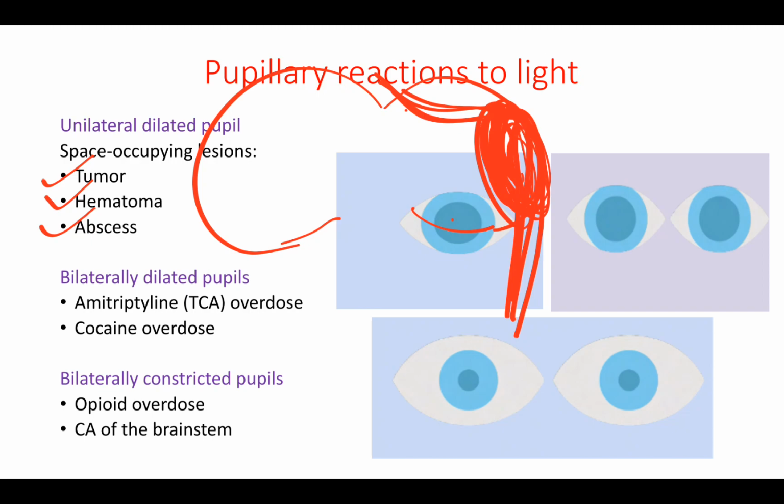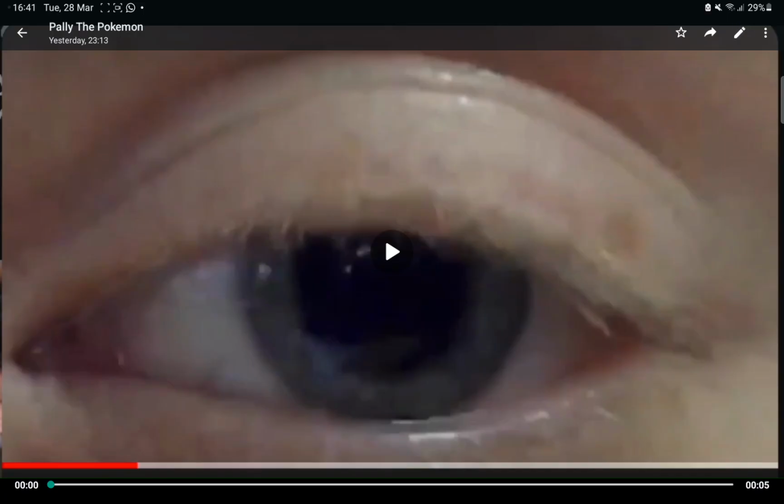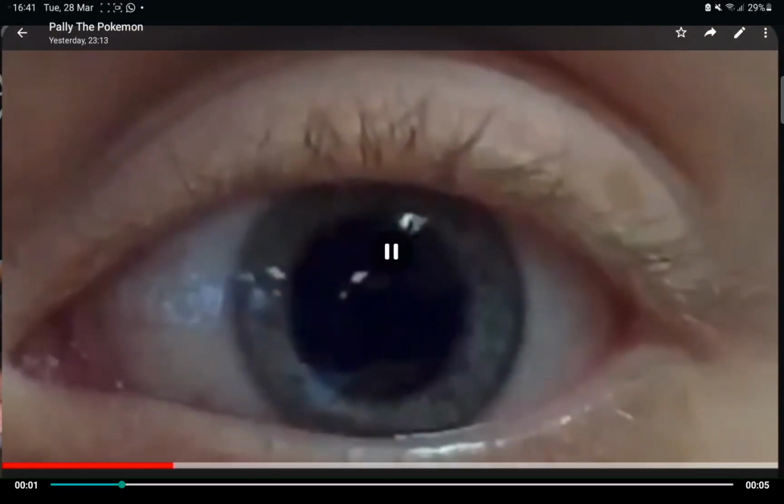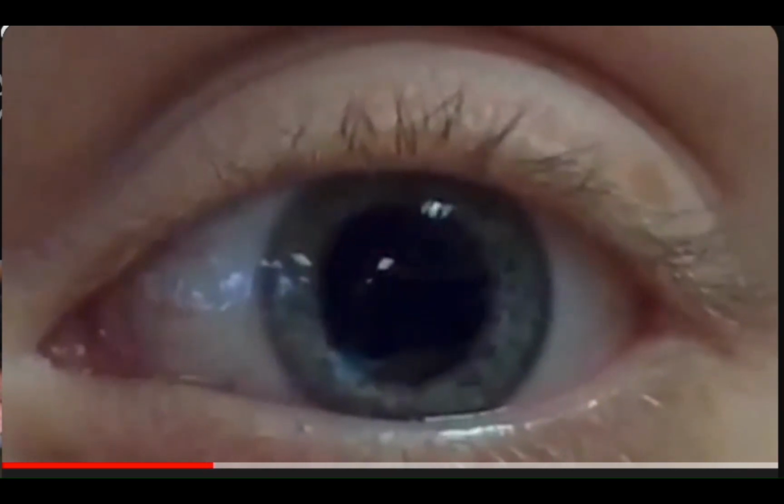Therefore, there will be unilateral, because this lesion is just on one side, right? So there will be unilateral dilated pupil, okay? So we can see how in this patient there is unilateral dilated pupil, right?